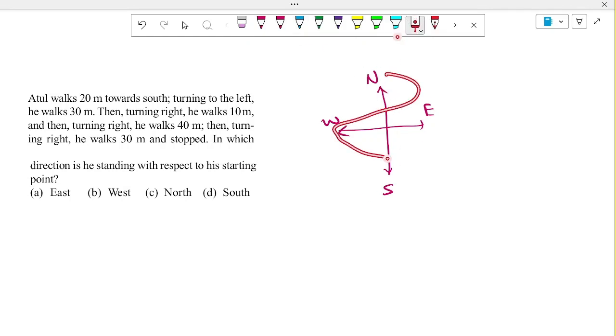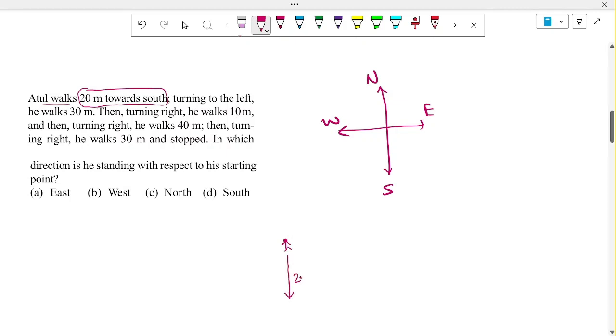And then you need to read sentence by sentence. Okay, we'll see. Atul walks 20 meters towards south. He is standing here. And he walks 20 meters towards south. Fine.